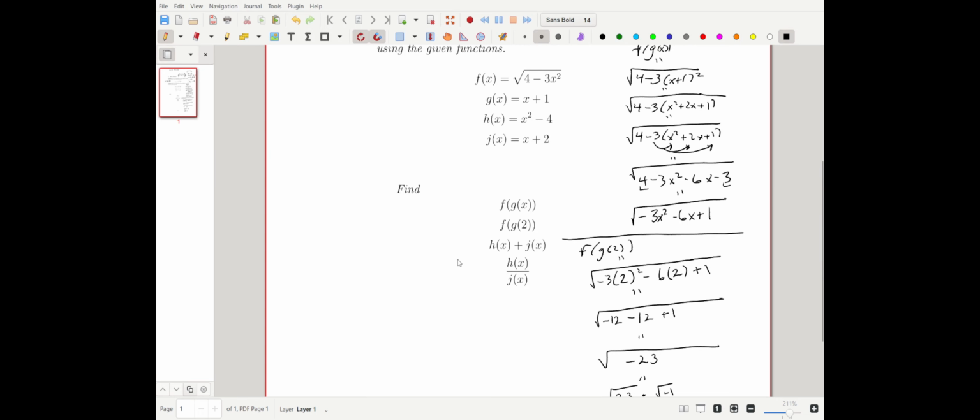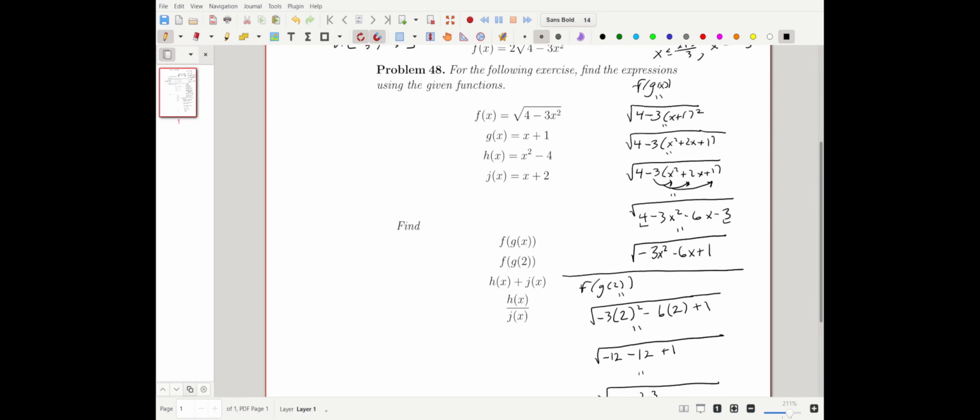All right. So what about h of x plus j of x? So h of x plus j of x. H of x is x squared minus 4 plus j of x, which is x plus 2.